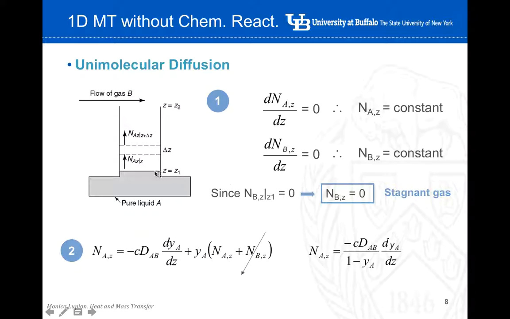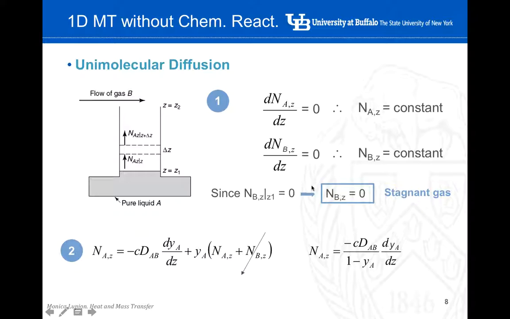If we pay attention to this line here with zeta equal to zeta 1, we know that there is no transfer of the element B. Only element A goes from the bottom to the top. So here in this line, there are 0 moles of the element B. Therefore, since the molar flux of B is constant, and if at this particular point it is 0, it has to be 0 all along zeta.